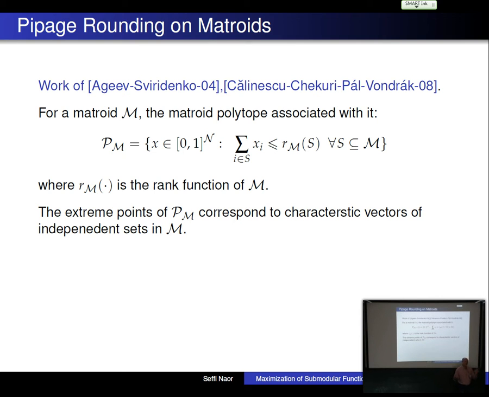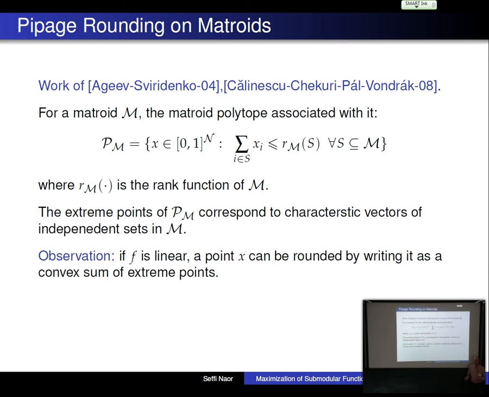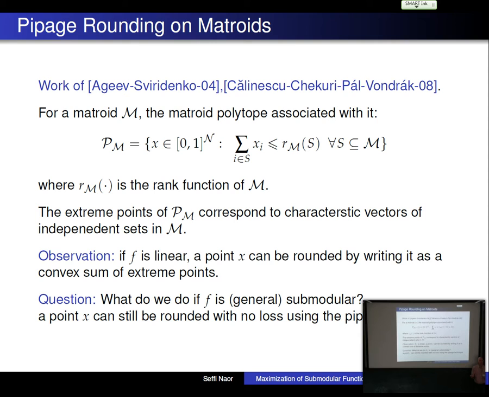Suppose we've already found an approximate solution in our polytope. Then, using a method called pipage rounding, developed originally by Ageev and Sviridenko, Calinescu et al. showed that if we have a point in the matroid polytope, then we can also find an integral solution in the polytope.